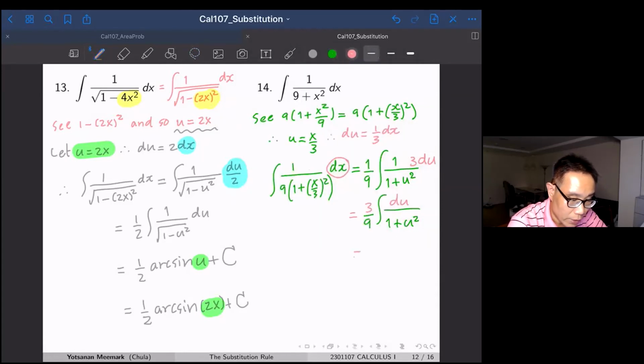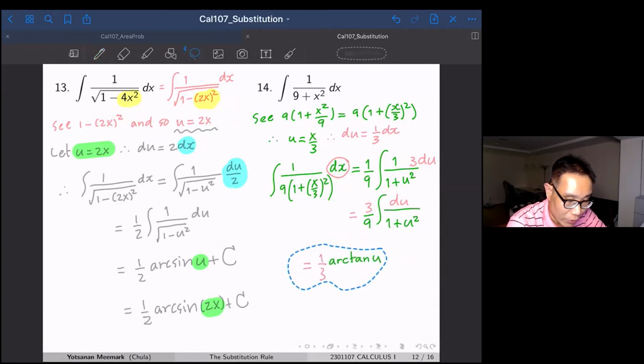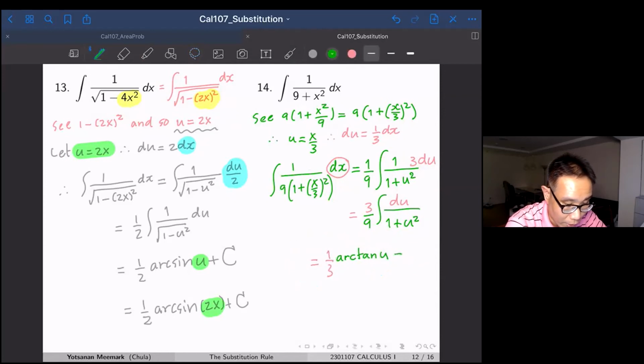So you get 1/3, and you integrate 1 over 1 plus u squared, so it's going to be arctan u. I need to add c, so it's going to be arctan u plus c, and this will be 1/3.